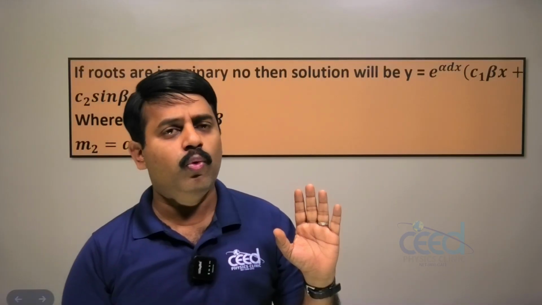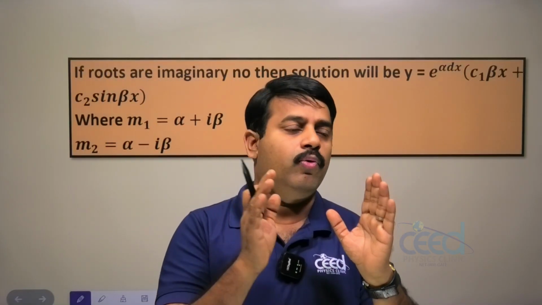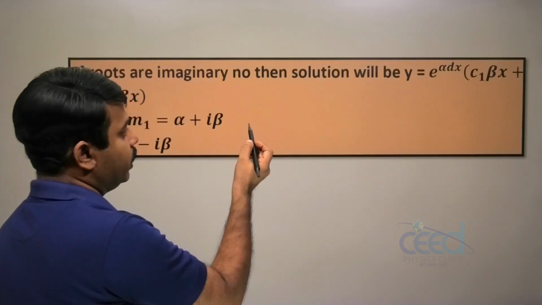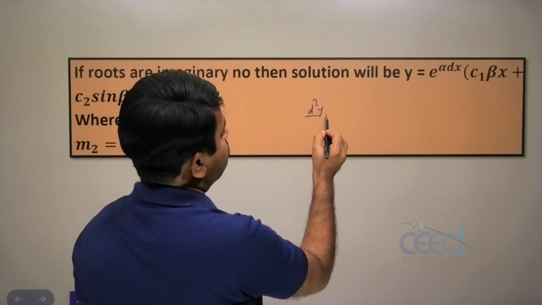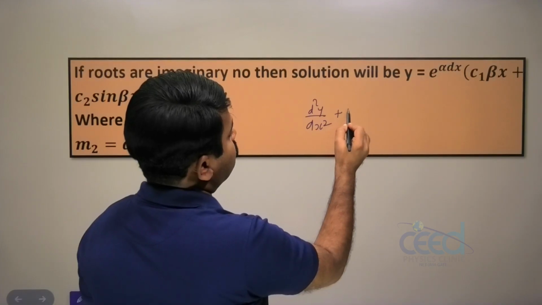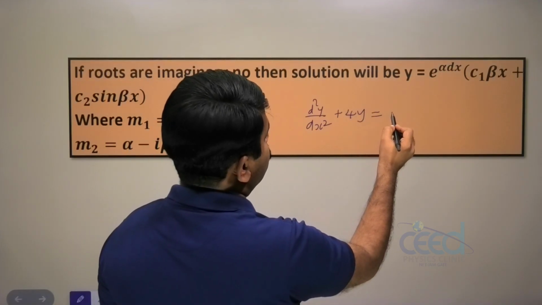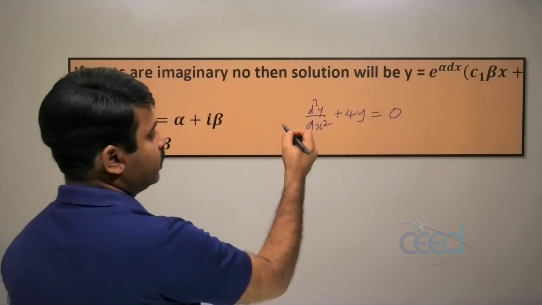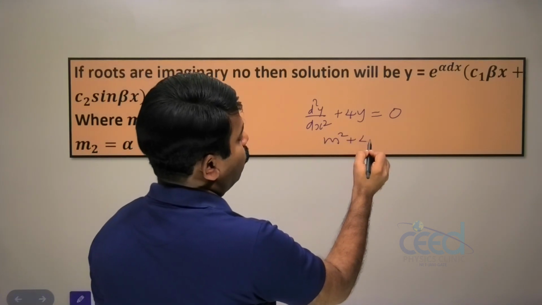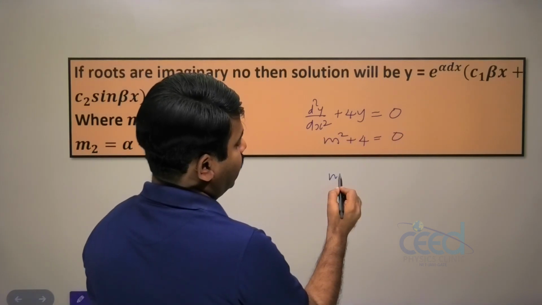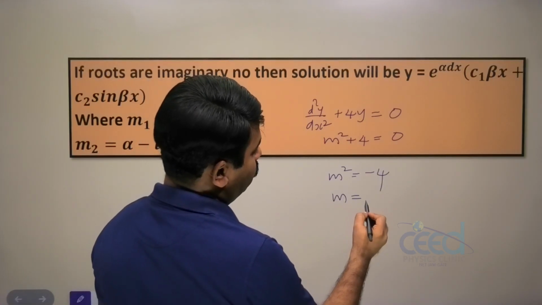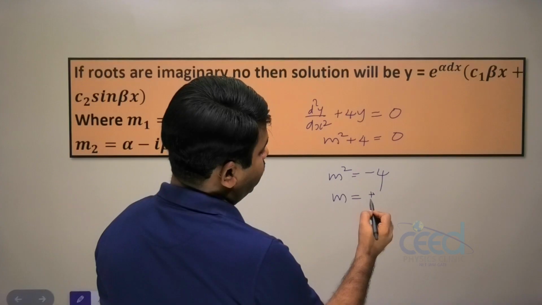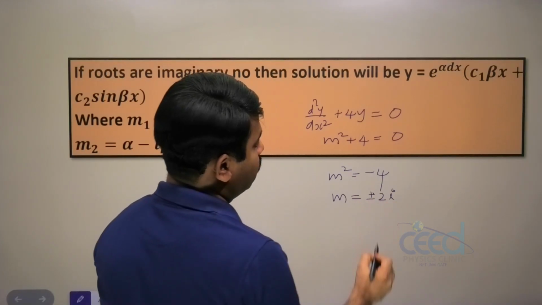Now suppose by solving a differential equation, for example, look here, d square y by dx square plus 4y equal to 0. Then m square plus 4 is equal to 0. Then m square is equal to minus 4. Then m is equal to plus or minus 2i.